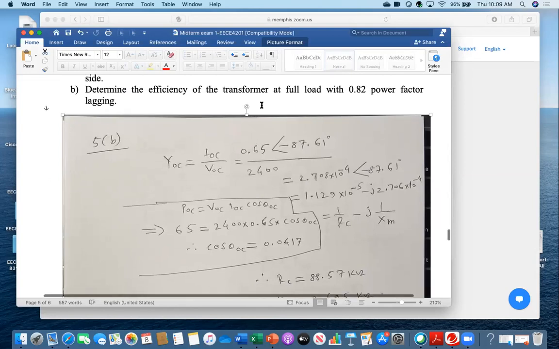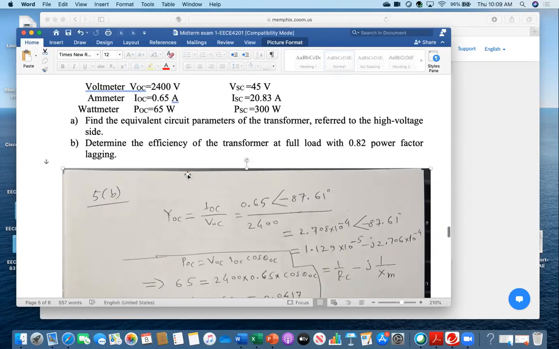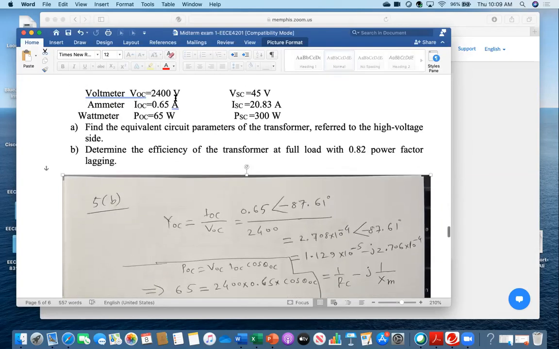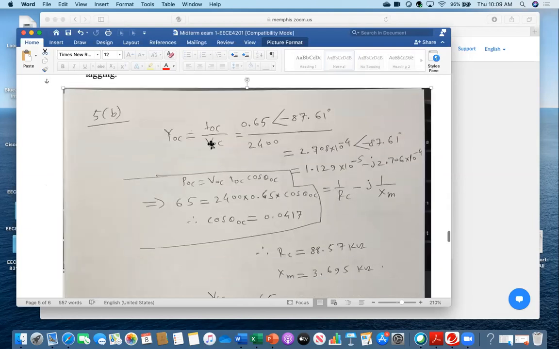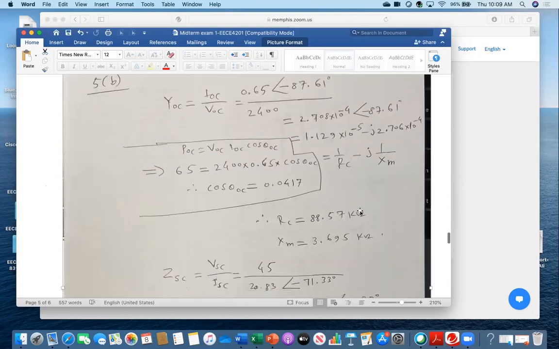So here is the calculation, you see. From the open circuit test data, first I am calculating YOC, the admittance for the open circuit test. And then I got 1 over RC minus j. So I got the RC value 88.57 kilo ohm and the XM value 3.695 kilo ohm approximately. Some of you have expressed it in ohm, that is fine.